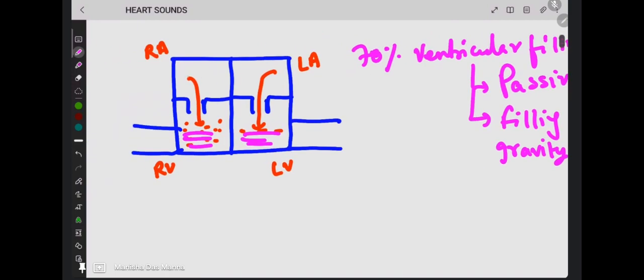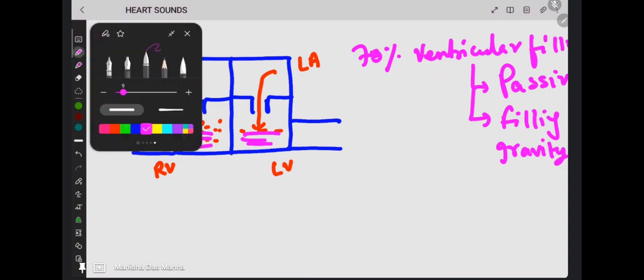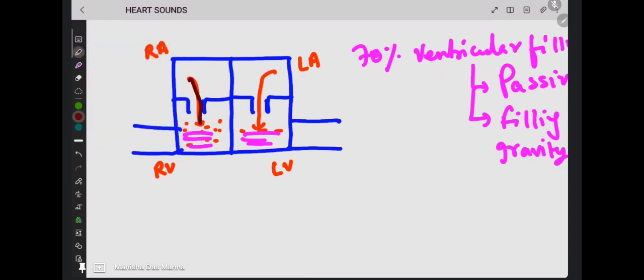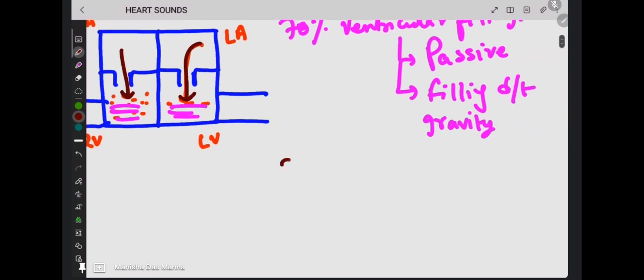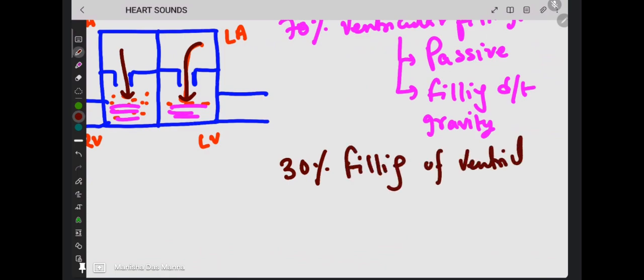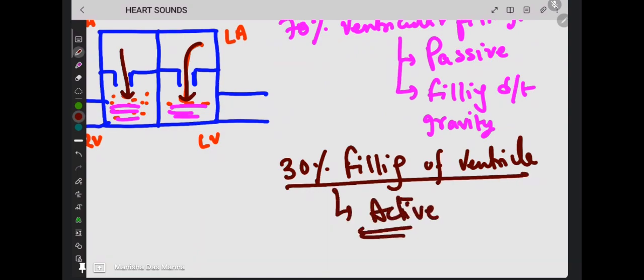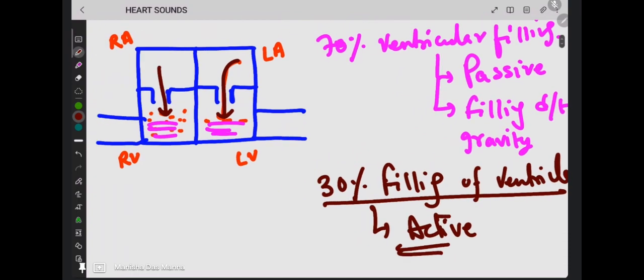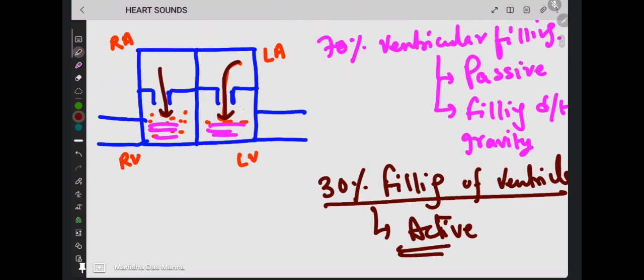Blood is present in the atrium, and due to gravitational pull, this blood moves towards the ventricle. But the last 30% filling of the ventricle is active filling. There is active participation of the atrium.